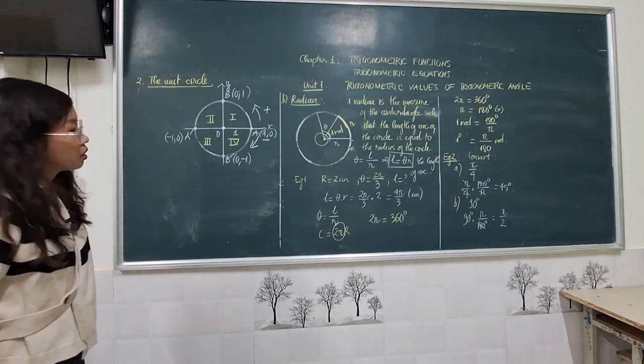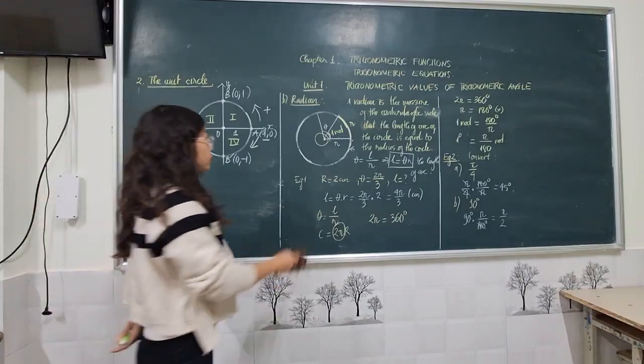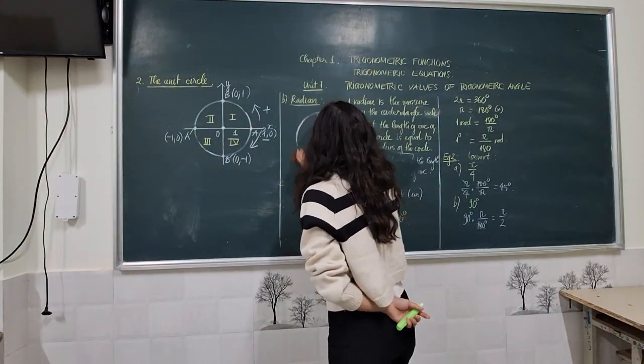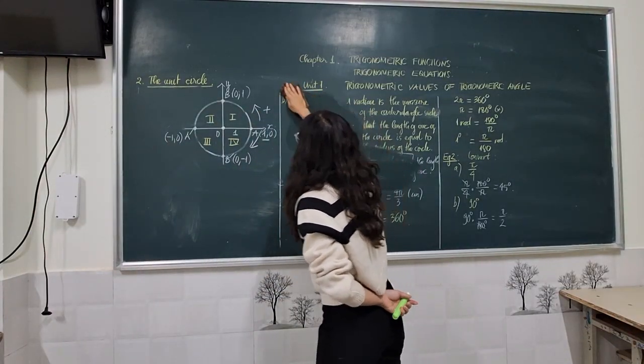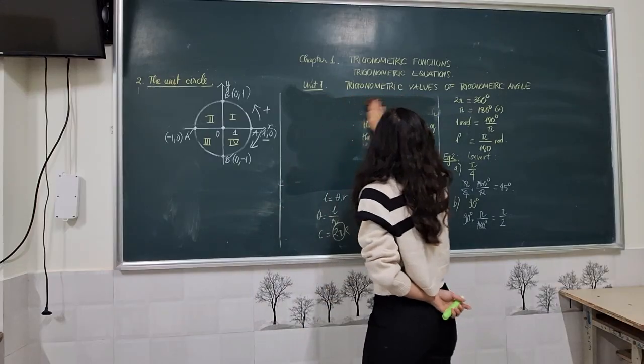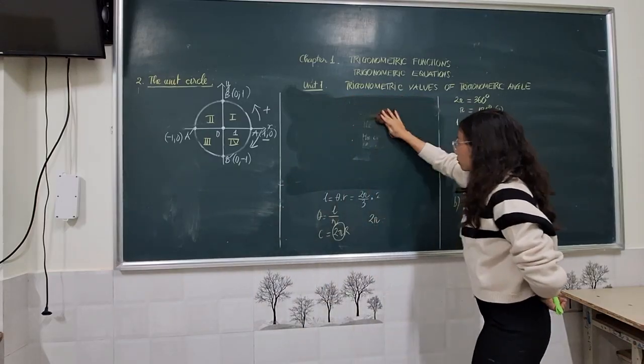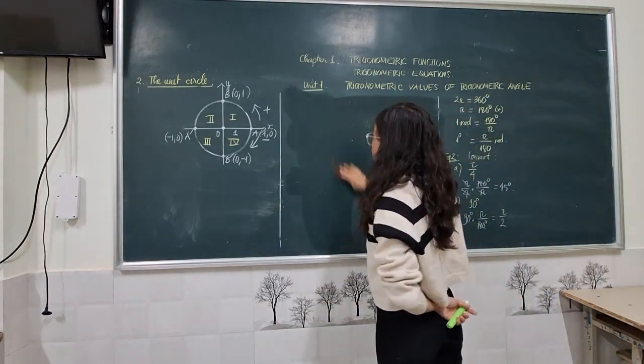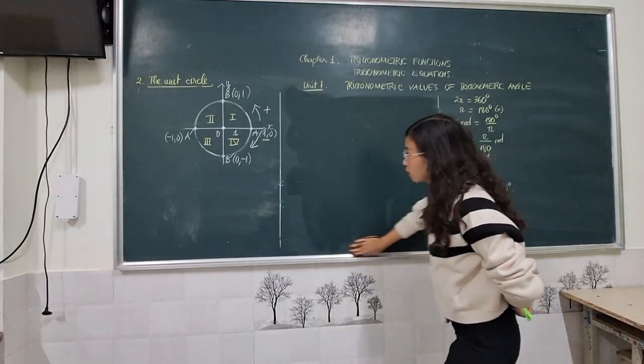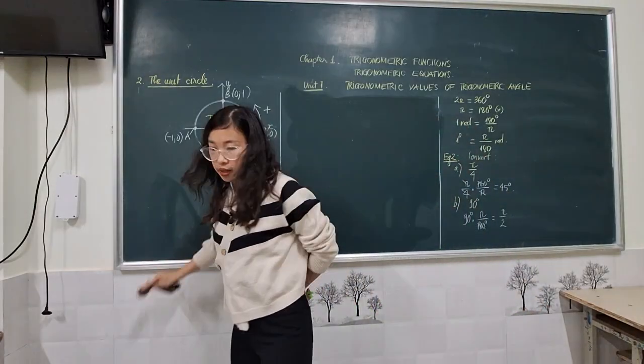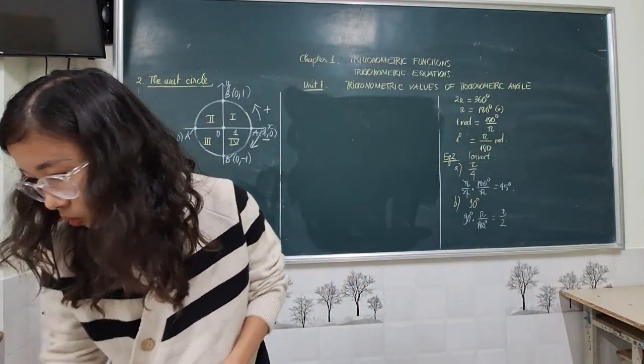And in the unit circle, we learn how to determine the trigonometric values. Now I draw another unit circle.